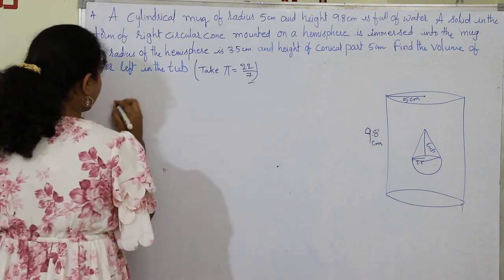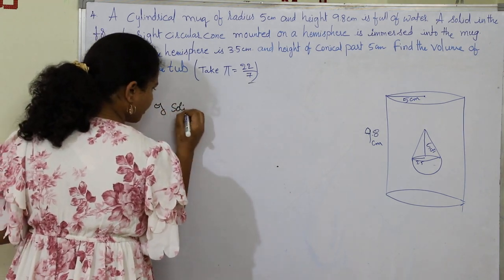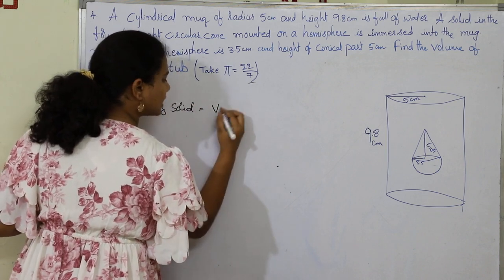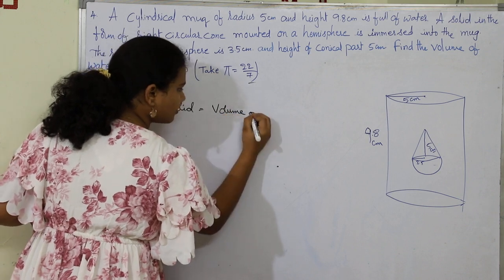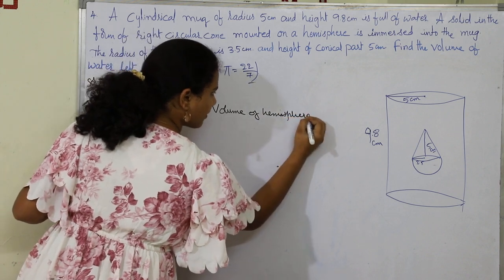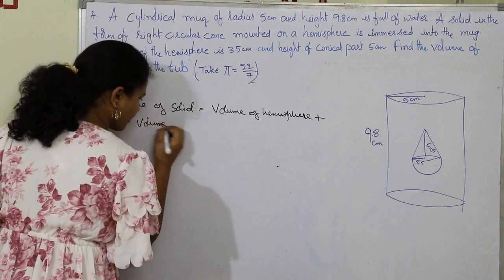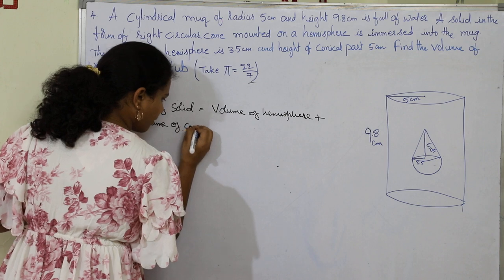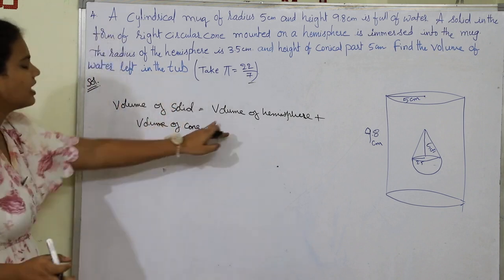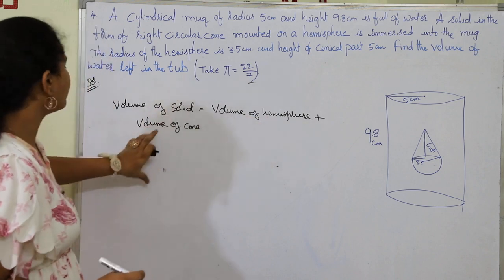So I can say that the volume of solid equals volume of hemisphere plus volume of cone. Adding the volume of hemisphere and volume of cone gives the volume of the solid.